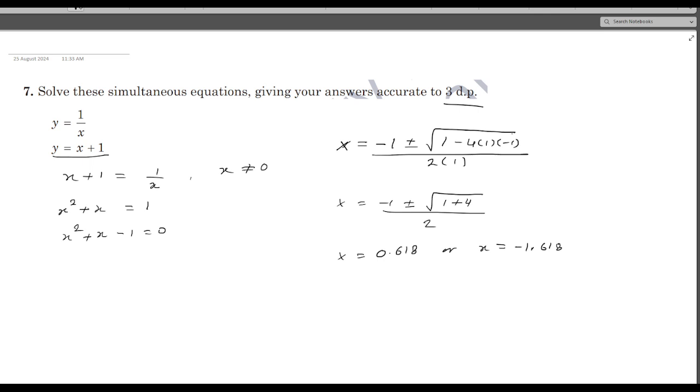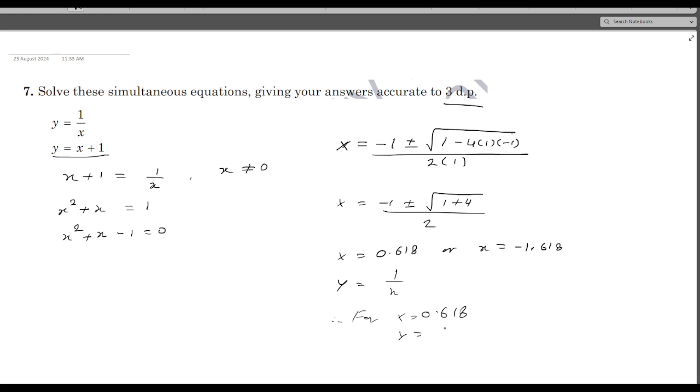Now this is the value of x. We will find out the value of y as well. So for the value of y, we will say that y is equal to 1 upon x. So therefore for x is equal to 0.618, the y value is 1 divided by 0.618.